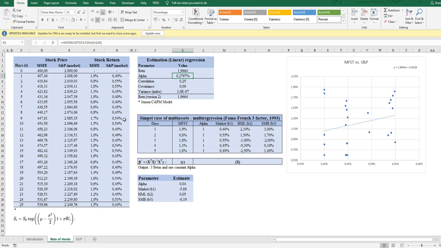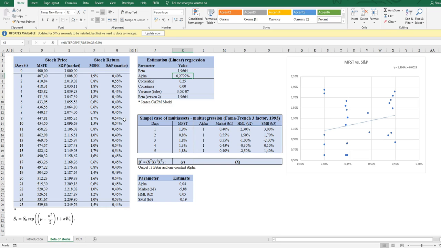As this is a one-factor model, there's just one more parameter to be estimated, which is the constant, and we call the constant alpha, because this is what cannot be explained from the market, and of course the intuition is from the original Sharpe modeling, the CAPM modeling.